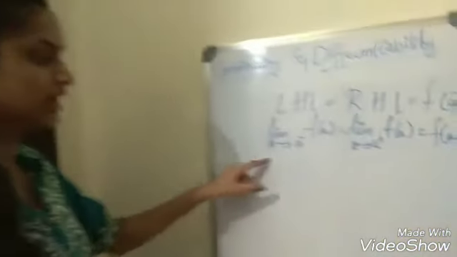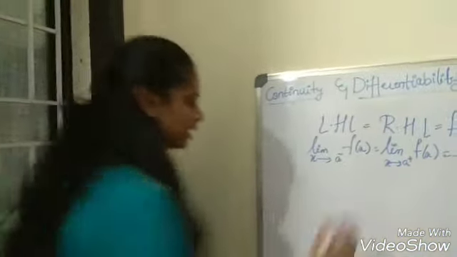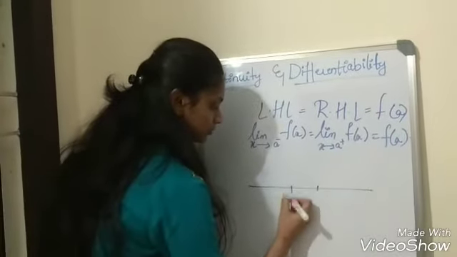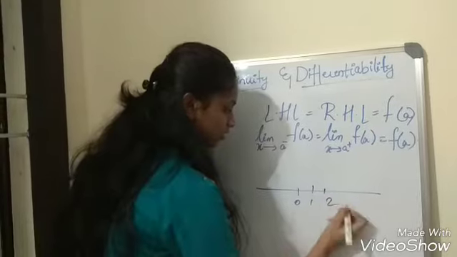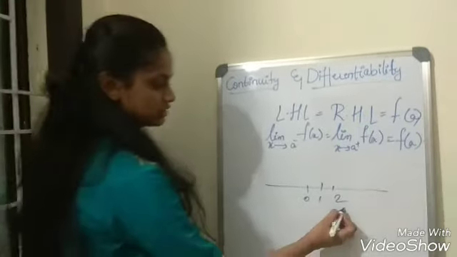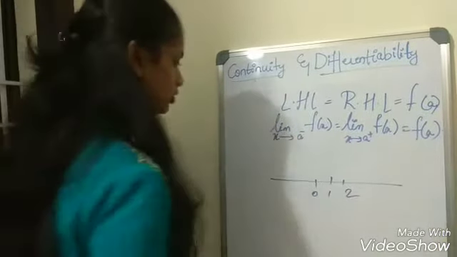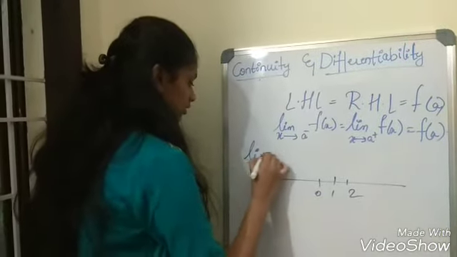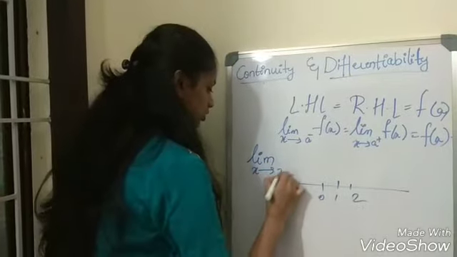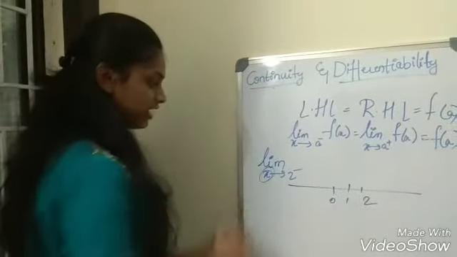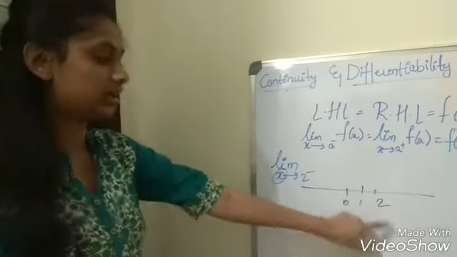Now what does limit x tends to a negative mean? I'll draw a number line, and this is 2. Let a be equal to 2. Now limit x tends to 2 negative means x is a value near 2, but x is not equal to 2.